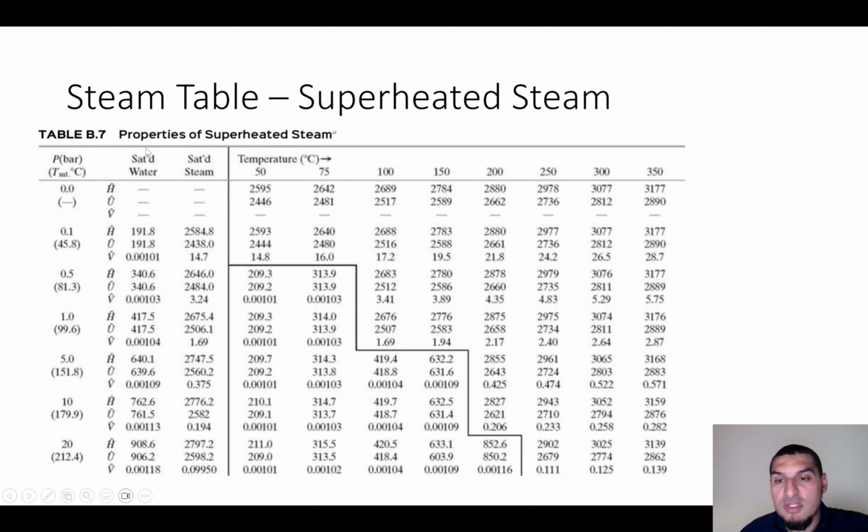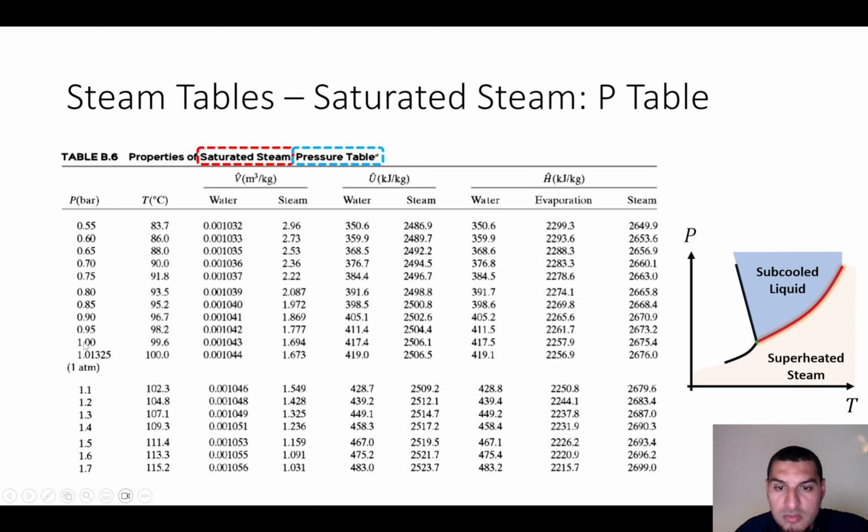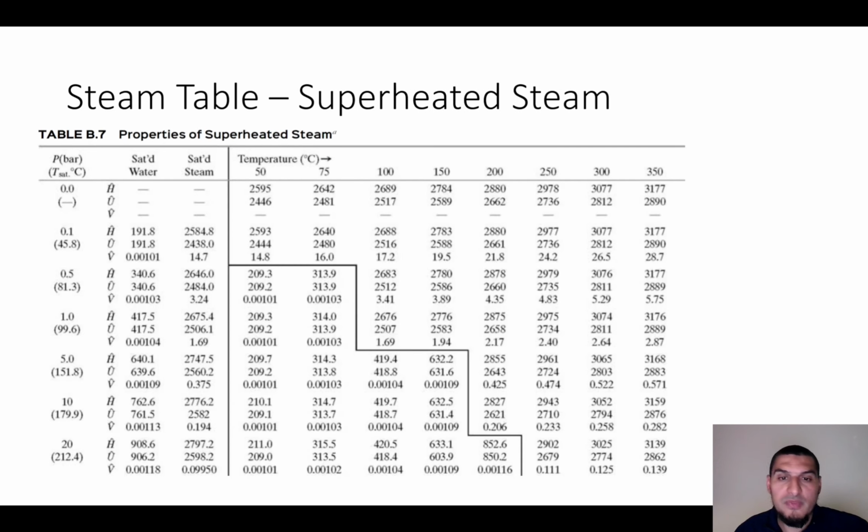And here it gives us the information for the saturated water and saturated steam at this pressure and temperature, of course. So it says 417.5 for the enthalpy and 2675.4. If we go back to the previous table, at 1 atmosphere, it is 417.5 and 2675.4. So it's the same numbers. It's just picking the numbers that fit with the table.